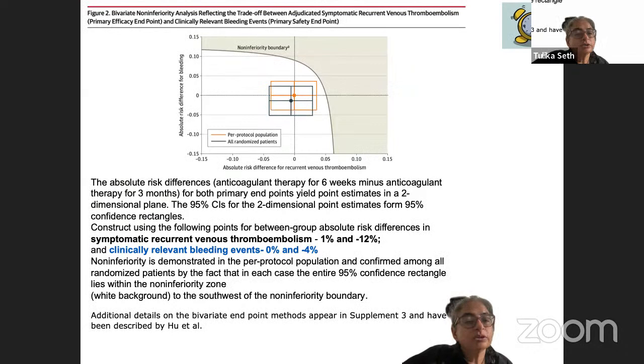What they found was an increased risk of recurrent venous thromboembolism, which went from 1% to 12% in the patients who had 6 weeks versus 3 months. So you have a higher risk of recurrence. There was a benefit in doing 6 weeks versus 3 months because the overall bleeding events were 0 in the patients who had only 6 weeks of therapy, while they were 4% in those who had 3 months of therapy.